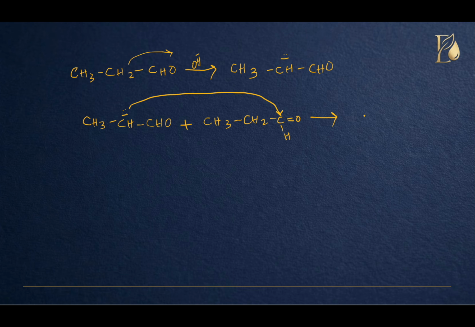So a carbon-carbon bond is formed. We can draw that carbon-carbon bond. CH3CH2, we can draw this aldehyde first, CH3CH2CO minus, and a hydrogen atom here. What is the fourth group? The carbon atom of this enolate, this alpha carbon, will be attached at this position.